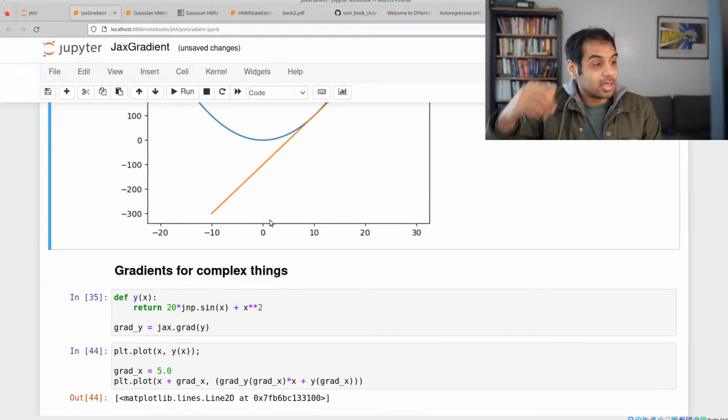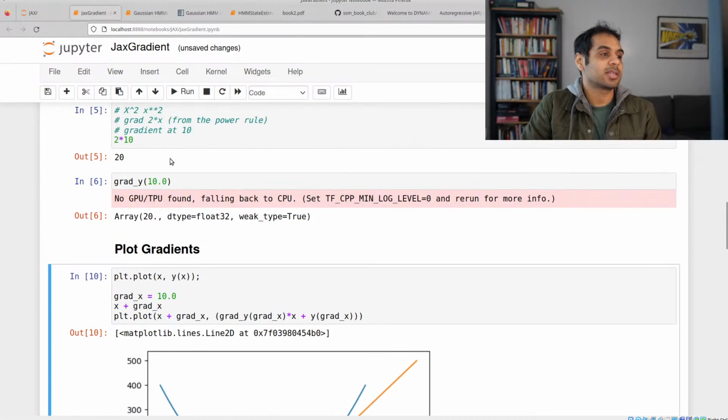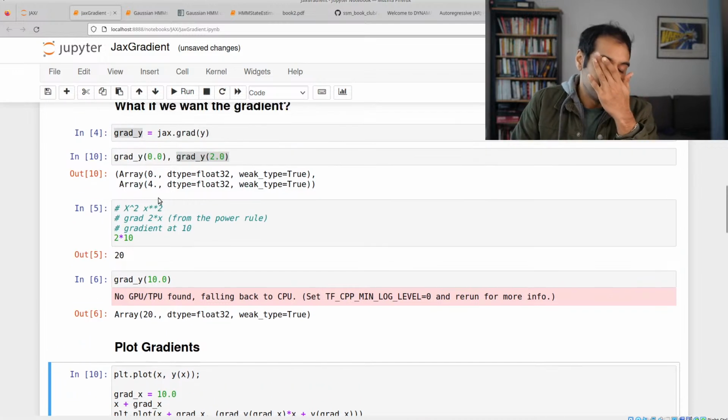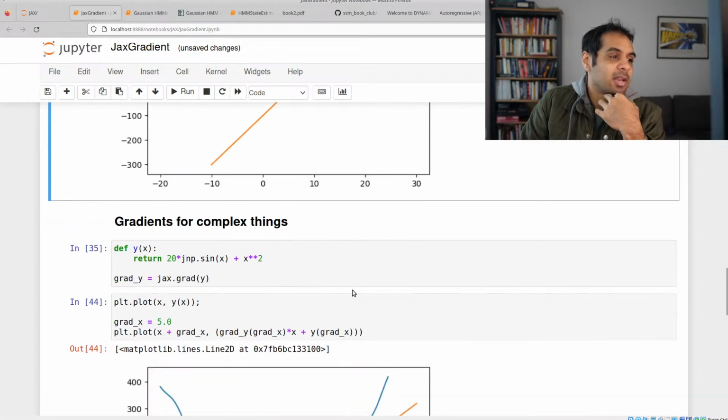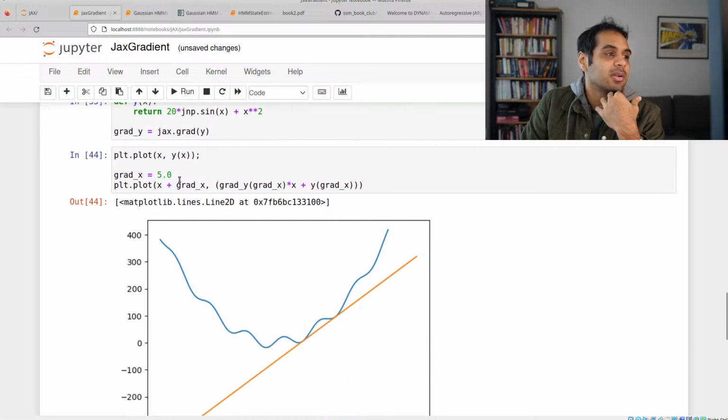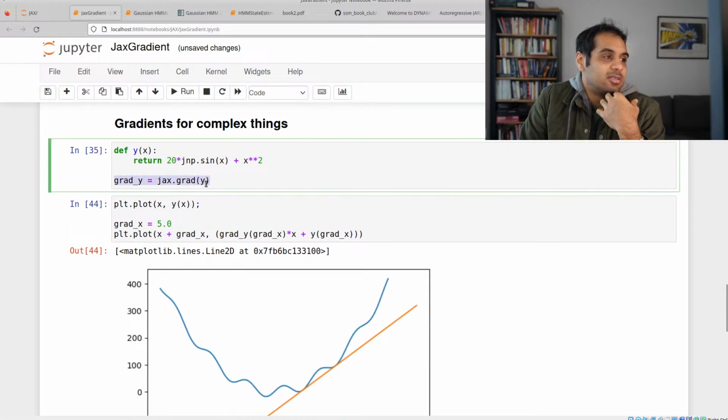Now the cool thing is that for little things like this, getting the gradient is not terribly hard. We can just look at it and do the math. But if we want gradients for things that are more complex, say a function that's a sum of sine and an exponent, and we end up with this sort of curve, you don't change any code.